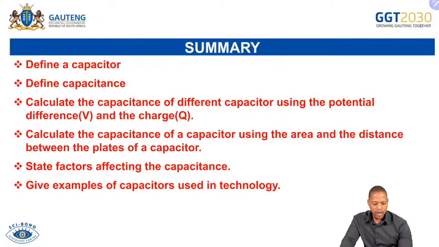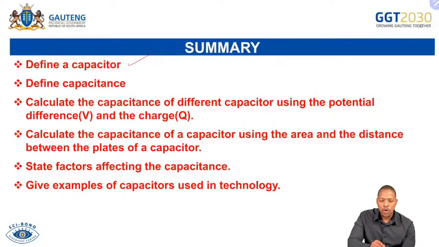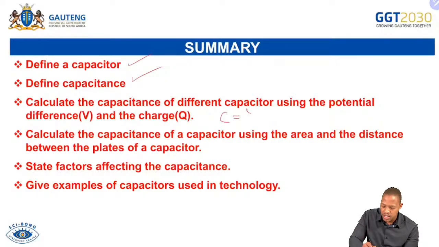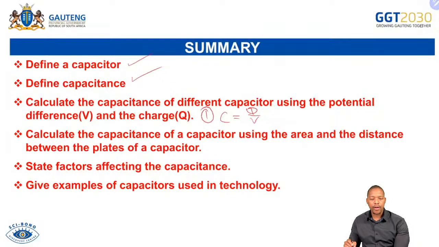for our lesson there. We wanted to be able to define a capacitor, we've done that. We wanted to be able to define capacitance, we've also done that. And then we've said, are we able to calculate the capacitance of different capacitors using the potential difference and the charge? Yes, that's when we're using the formula C = Q/V, which we called formula 1 for this lesson.